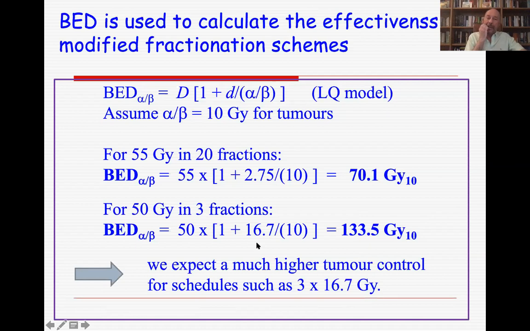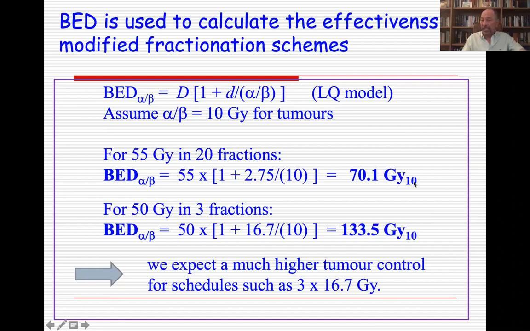So now, in clinical practice, you can actually calculate the biological effective dose for different fractionation regimes. Say, for example, that you have an alpha-beta ratio of 10 gray for tumors. If you give 55 gray in 20 fractions, you calculate a biological effective dose of 70.1 gray.